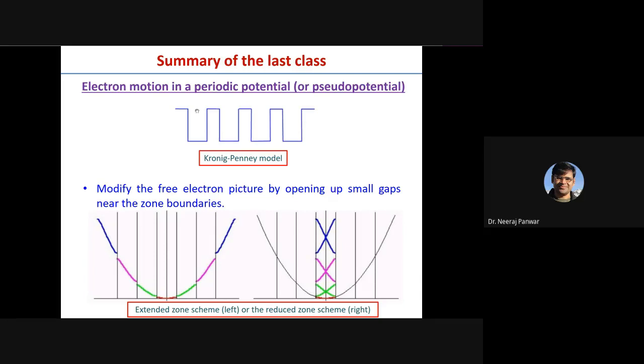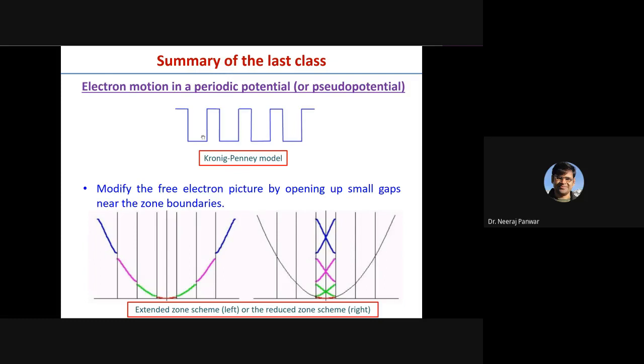So this means that at the ionic site, or at the atomic site, the potential goes to infinity in the negative direction, and in between the ions, the potential energy is equal to zero. So this was what Kronig and Penney considered to explain the behavior of electrons in a periodic potential.